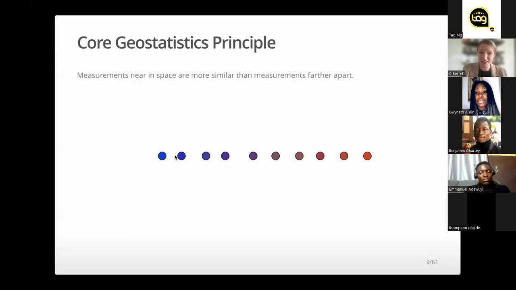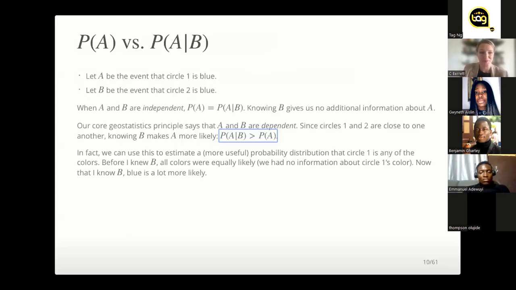But then after I collect the data about circle 2, I have information, and it's close to circle 1. And so I have a better guess about the probability that circle 1 is blue. So this is what's driving all of the methods that we're going to talk about. And then we will get into how knowing this terminology can be helpful as we're fitting these things in R.